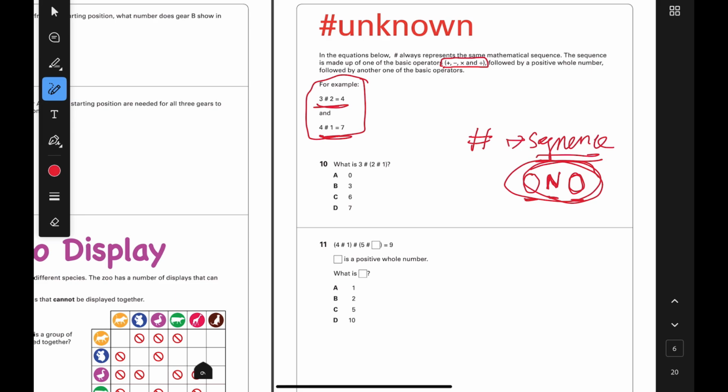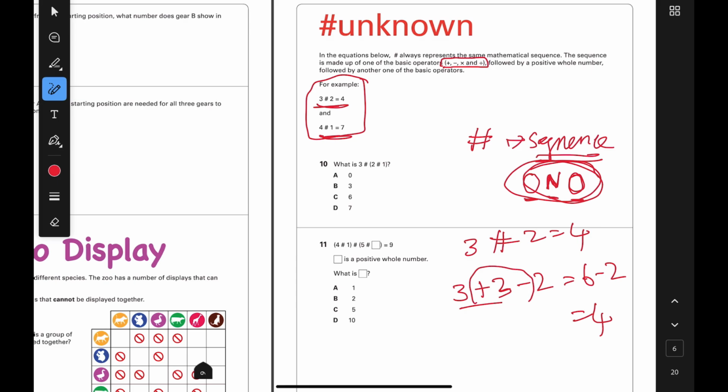Okay, so let us take 3 hashtag 2 equal to 4. For example, if it is like 3 plus 2 or plus 3 minus 2, the answer would be 3 plus 3, 6 minus 2 equal to 4. So we can take this as our sequence. Let us apply the same for this number.